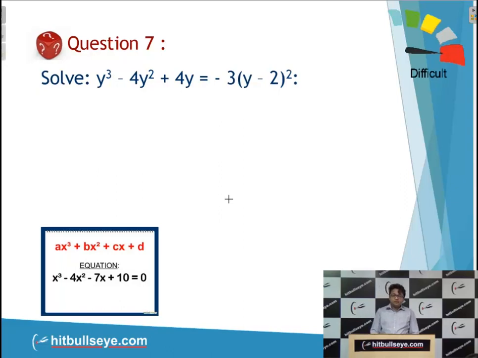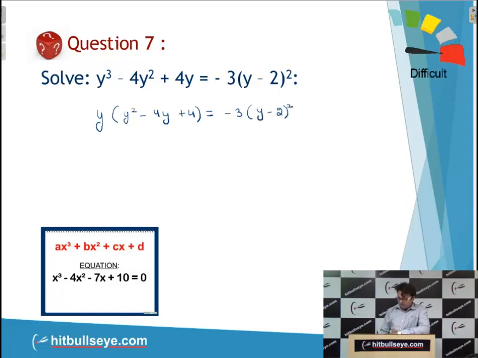Now see, students, this seems to be a cubic equation, but actually is a tricky question. What I'll do here is I try to take out y common in the first equation, like y square minus 4y plus 4 equals to minus 3 y minus 2 equal to whole square.